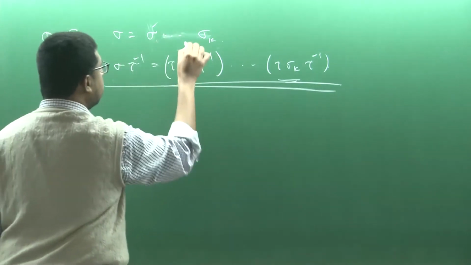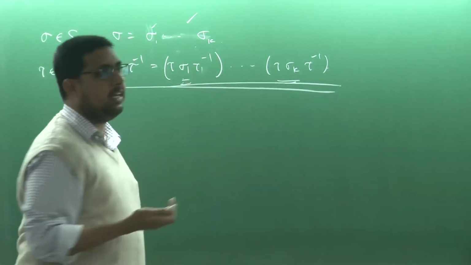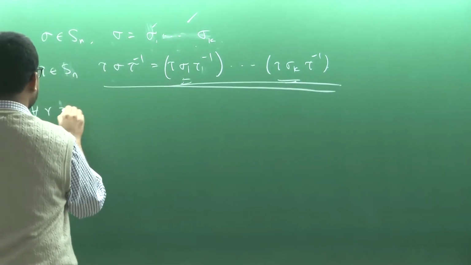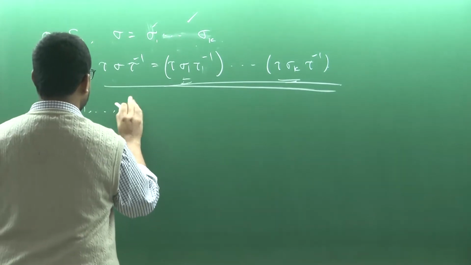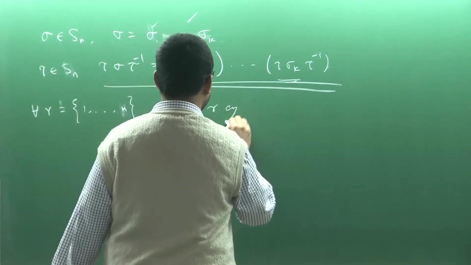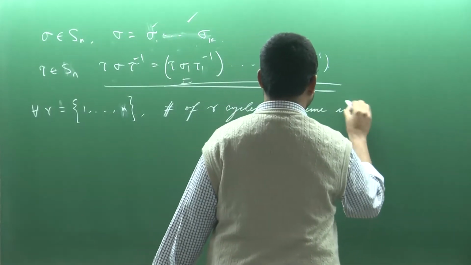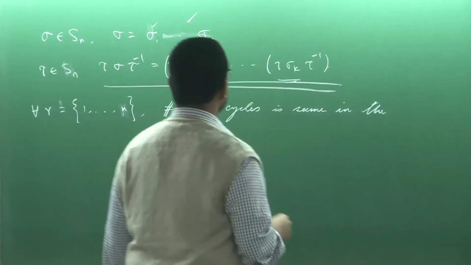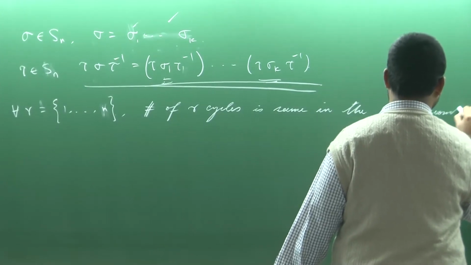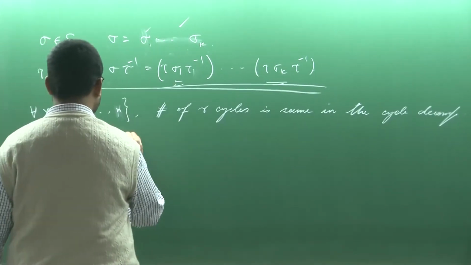And what does that say? Since the lengths of sigma i and tau sigma i tau inverse are the same, what we can say is for any r from 1 up to n, the number of r-cycles is the same in the cycle decompositions of sigma and any conjugate of sigma.